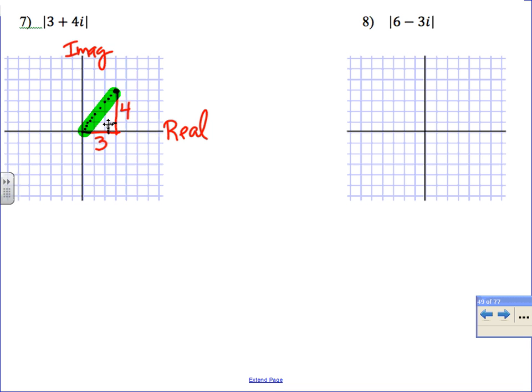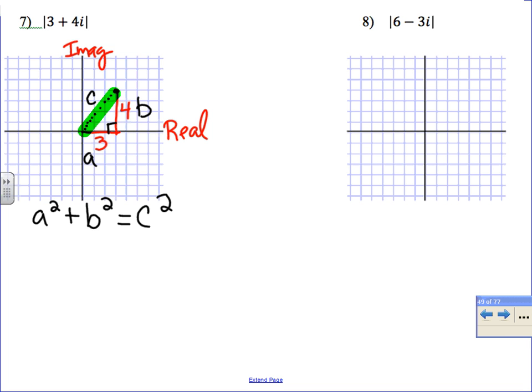Pythagorean's theorem is something that we use to find the distance, and you can only use it with right triangles. So what we need to do here is find the distance from 0 because that's the absolute value of complex numbers. Pythagorean's theorem is a squared plus b squared equals c squared. This side is a, this side is b, and those can be interchanged.